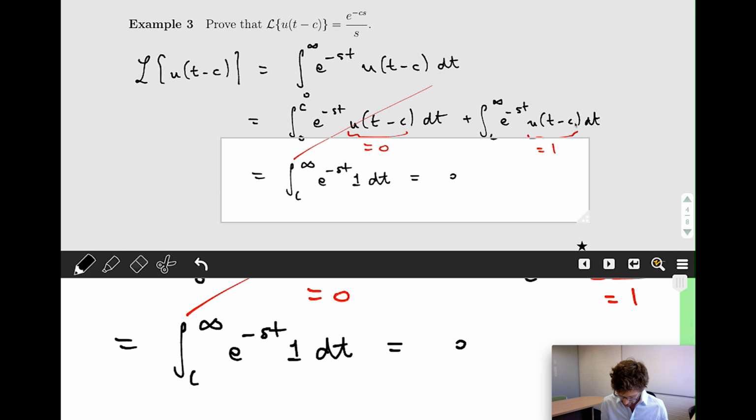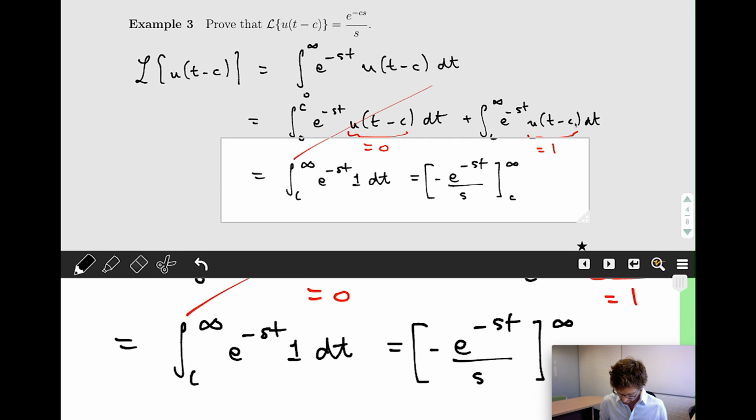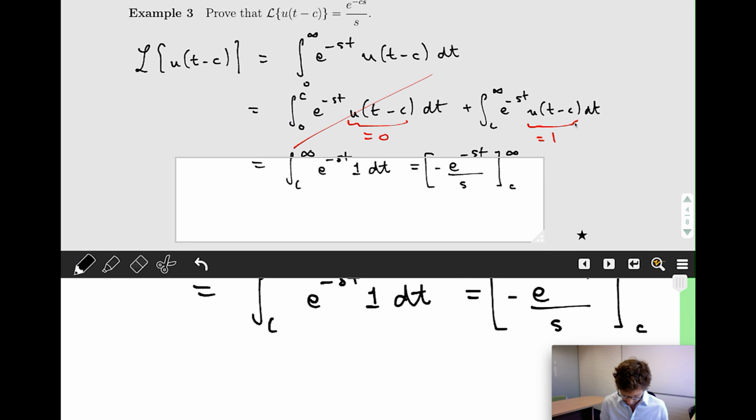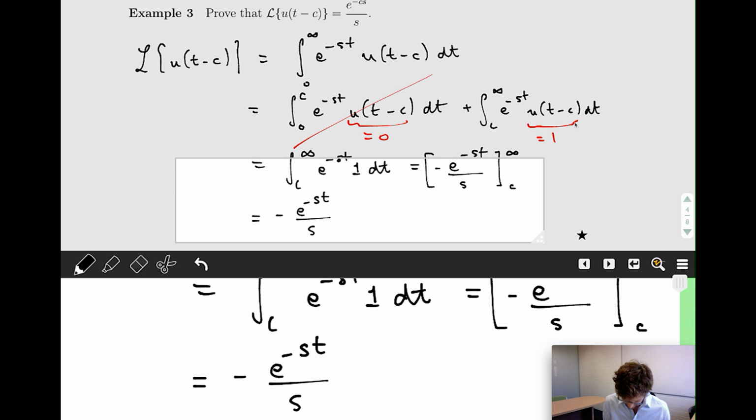We've got e to the minus st divided by minus s, evaluated at c and infinity. So looking at that separately, we've got minus e to the minus st over s when t is equal to infinity.